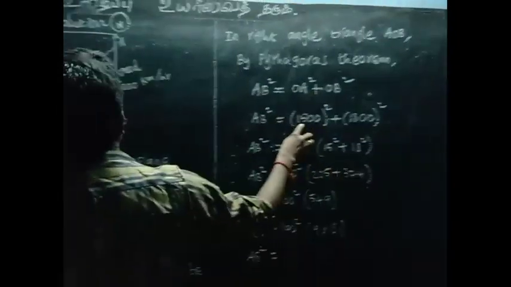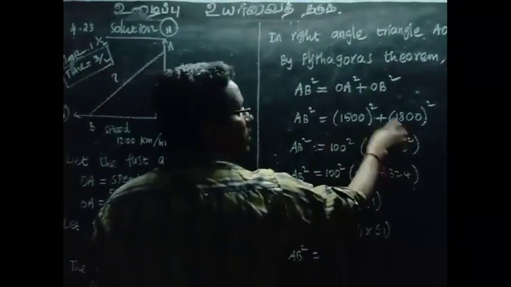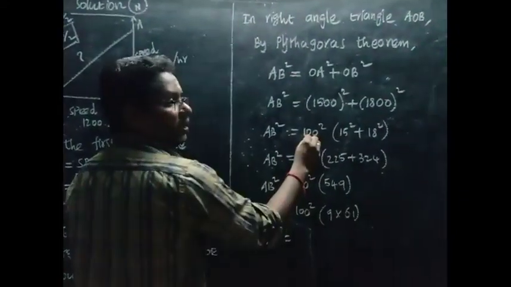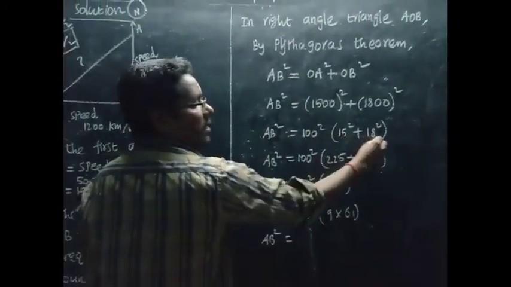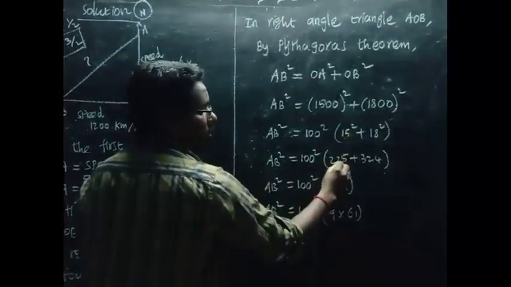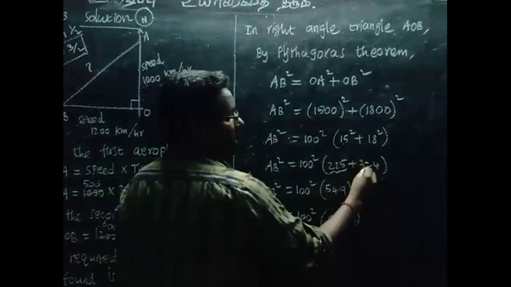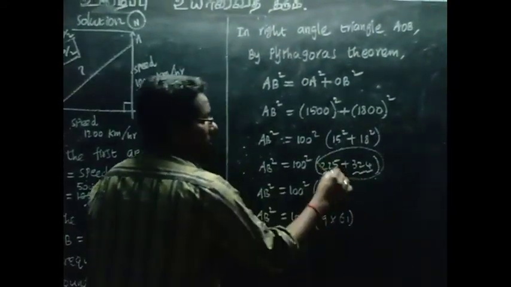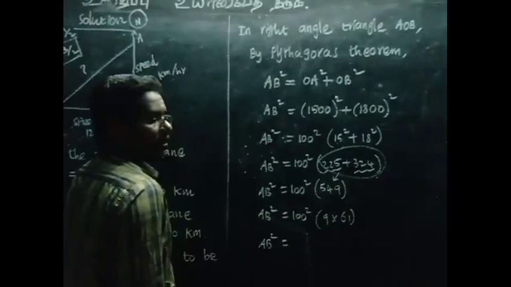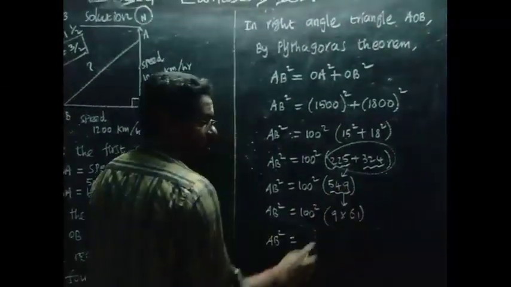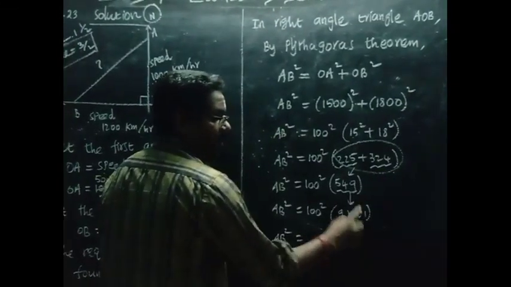OA is 1500 and OB is 1800. Taking 100 square common, 15 square plus 18 square. 15 square is 225, 18 square is 324. Adding the two values gives 549. Therefore AB square equals 100 square into 549.